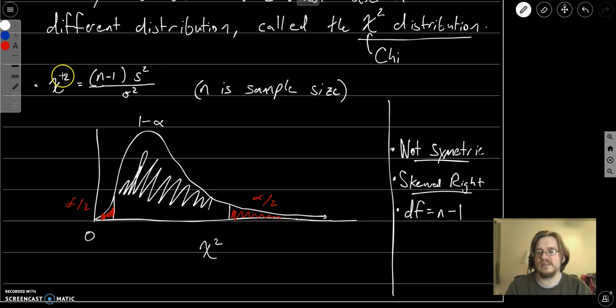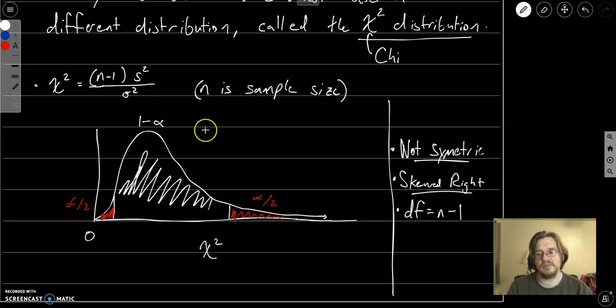One thing to notice is that this is the description of the distribution. Chi-squared is going to be n-1 times the variance of the sample divided by the variance of the population. N here is just going to be the sample size.